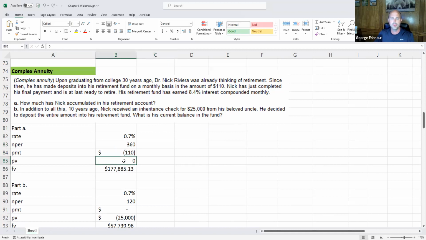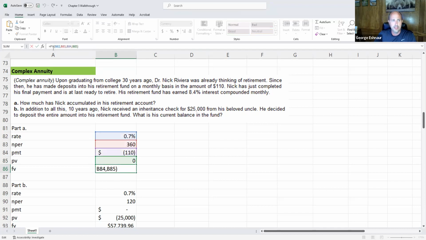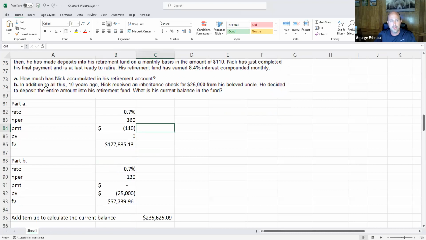We have our payment, our present value is 0, because all he's been doing is putting in $110 on a monthly basis. And over 30 years, it grew to this, okay? So this is just the future value formula that I've used before, equals FV, and then rate, number of periods, payment, and present value.